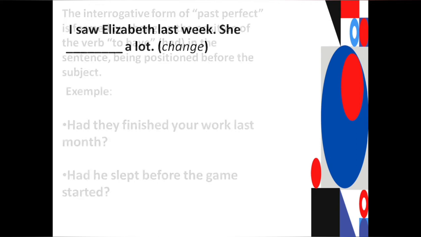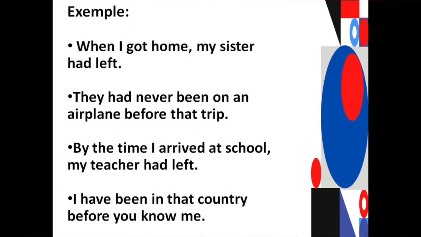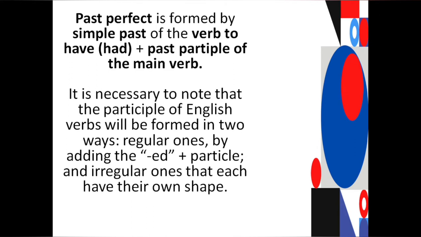So let's just review the past perfect. It is formed by have and the past participle of my main verb. I add had plus my verb in the past participle.